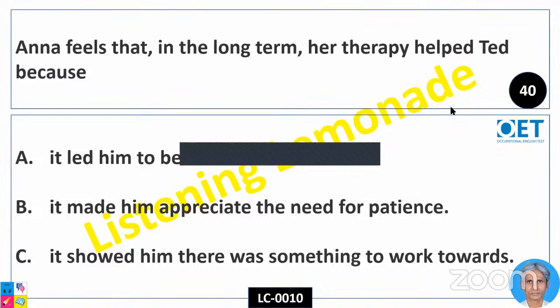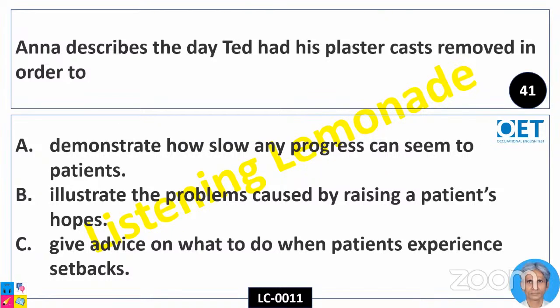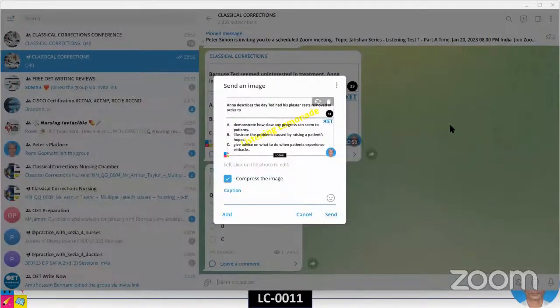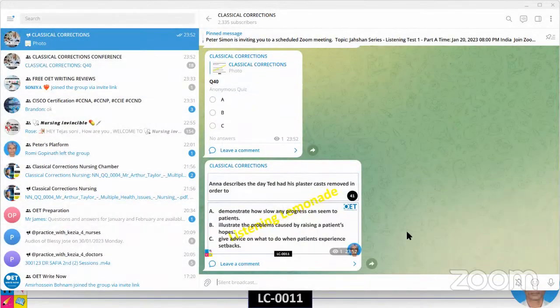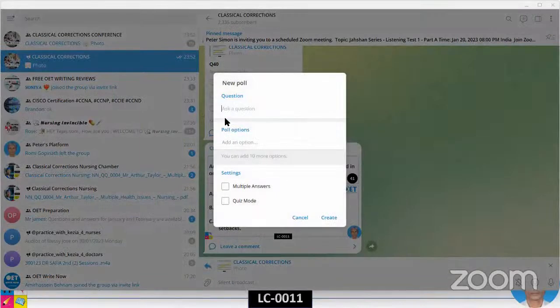Next one is 41. Demonstrate, illustrate, give advice. Okay. Print screen. Question 41.